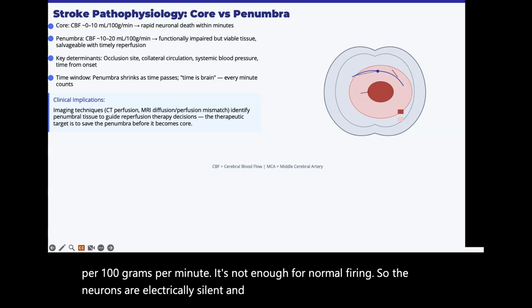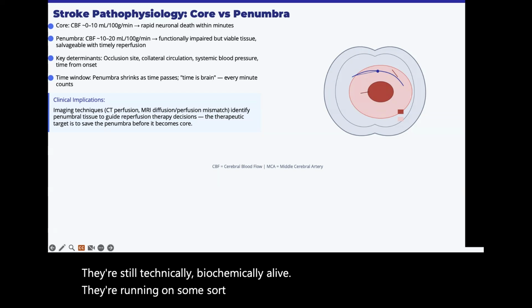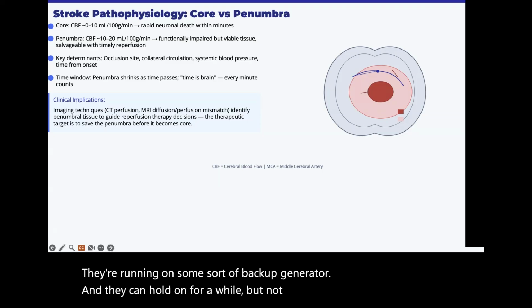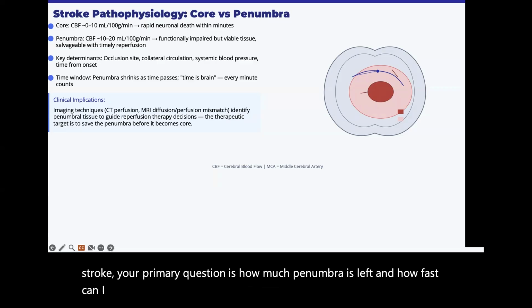But the good news is they're still biochemically alive. They're running on some sort of backup generator, and they can hold on for a while, but not forever. So in acute ischemic stroke, your primary question is how much penumbra is left and how fast can I save it? Whether the penumbra survives depends on four things.